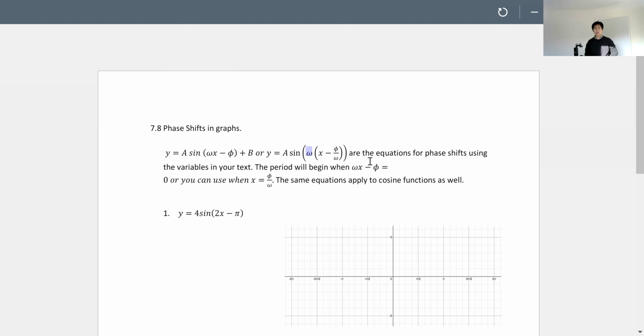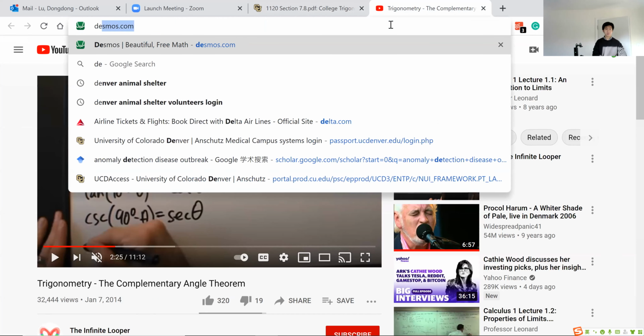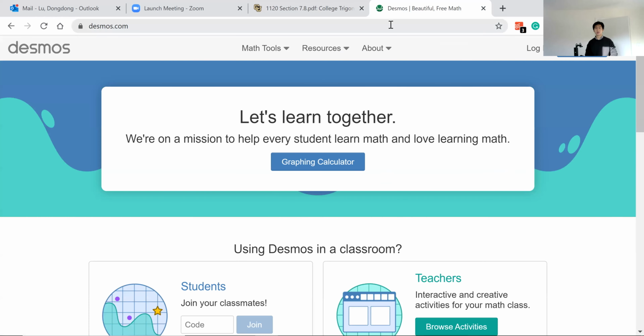And the period begins when this thing starts from 0. I think this is pretty understandable. I hope you remember in our sine function, the sine function starts its period from 0.